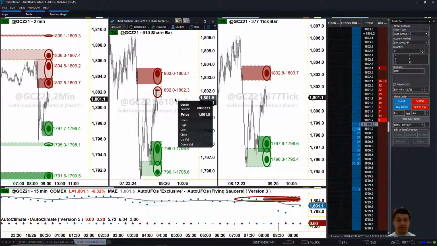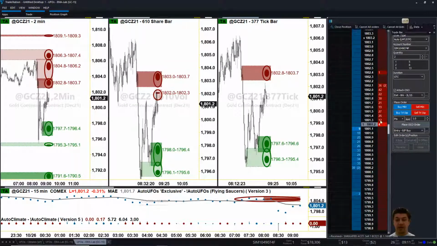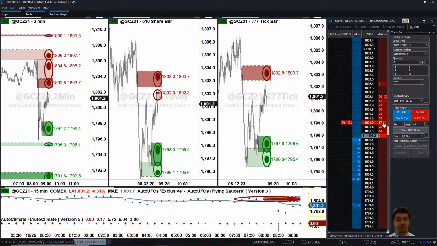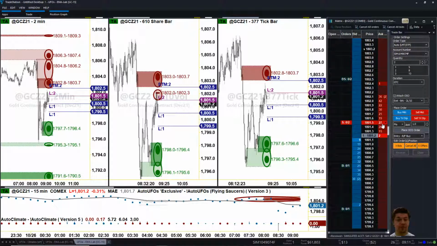So this small UFO could actually work here. 18015 to go in short. Let me just see how this will look. 18015. Yep, and that's basically it. 10 ticks till we get to the next UFO. So yeah, this would also be a valid setup as well.